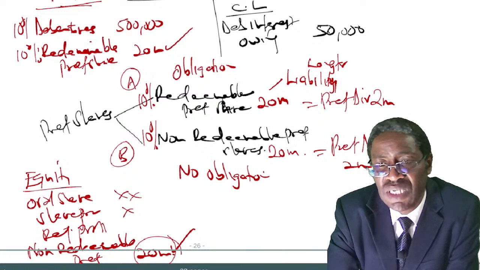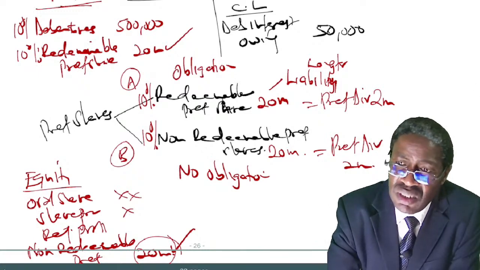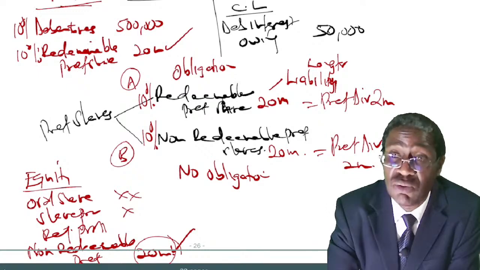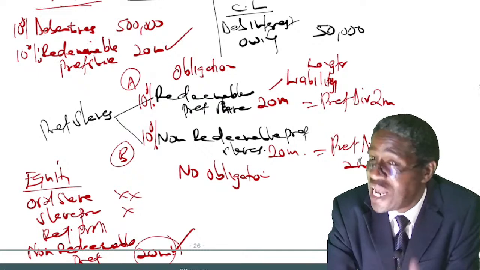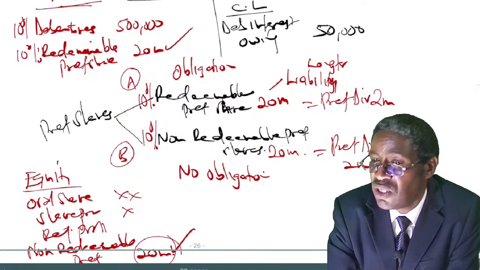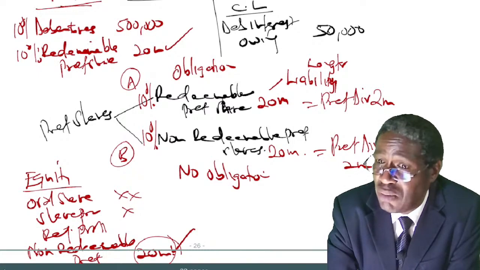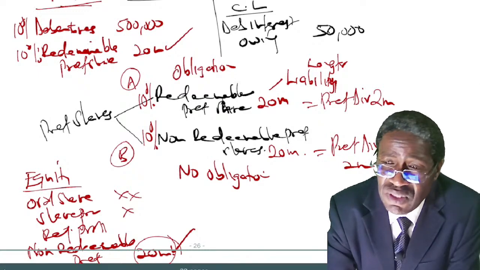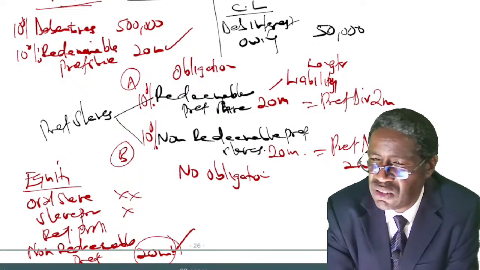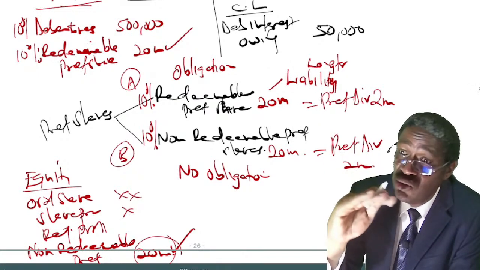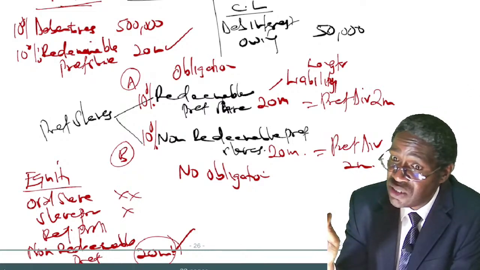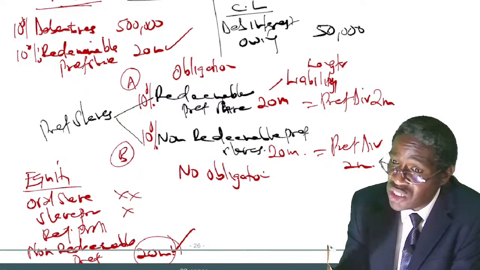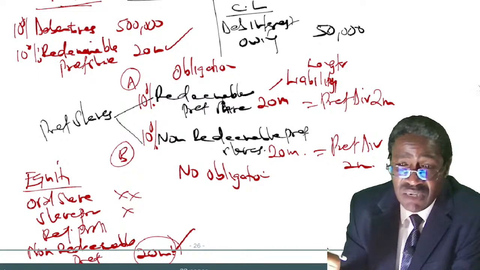Now, the second one is for the non-redeemable. The dividend on the non-redeemable preference, I hope you are listening, will become an appropriation of profit. Where you normally say, and you used to do it, you got profit after tax, you minus the dividends, then minus transfers to reserves, get the retained profit for the year, add retained brought down.